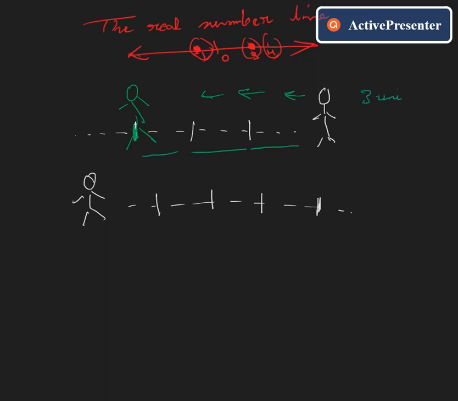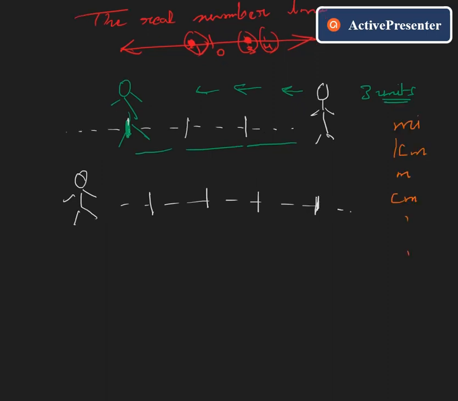Units could be miles, kilometers, meters, centimeters. We don't know, therefore we say units. If it is not mentioned, we say he walked 3 units.